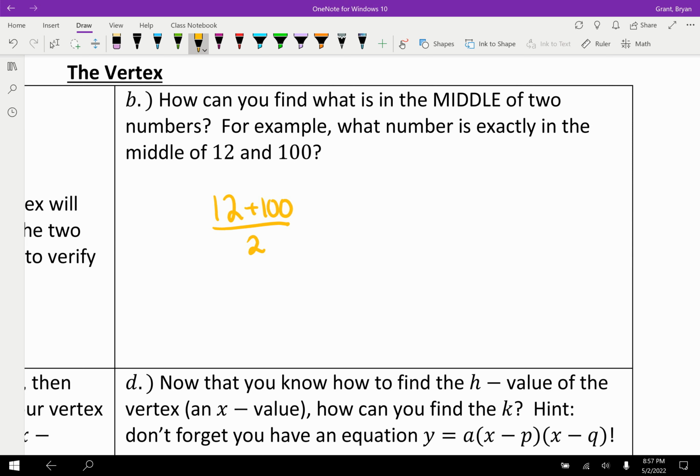So this gives me 112 divided by 2, which is 56. 56 is exactly between 12 and 100, right? If you add 44 to 12, we get 56. And if you subtract 44 from 100, you get 56.